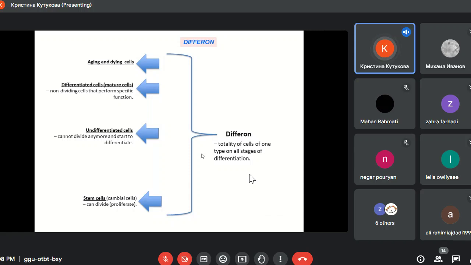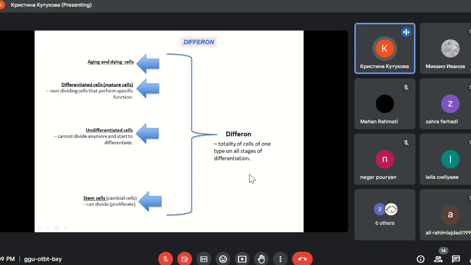For example, in our skin that covers our body, we will see the cells which are called keratinocytes on all of these stages of development, starting from stem cells or cambial cells that are dividing and making new cells, up to aging and dying cells, and also post-cellular structures, squames of skin.